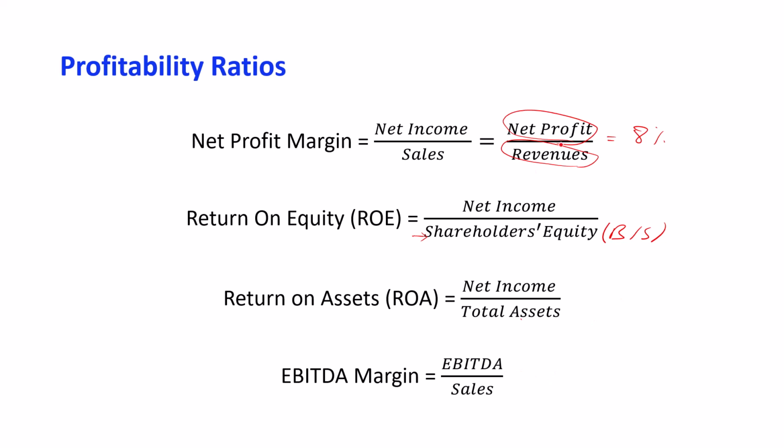So remember, this net profit or net income number has a lot of non-cash expenses, right? So this is an accounting profit. But we need to move away from accounting and more toward finance. Net income is calculated by subtracting non-cash expenses such as depreciation, amortization, right?